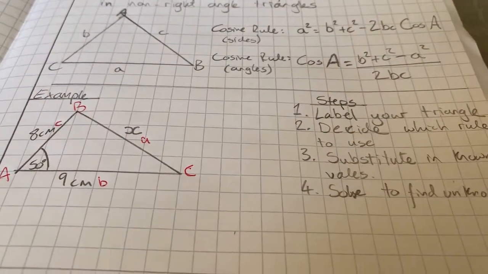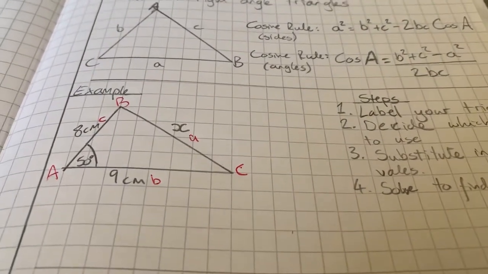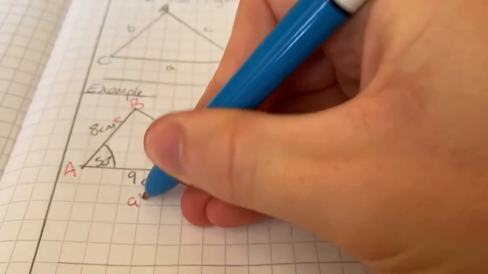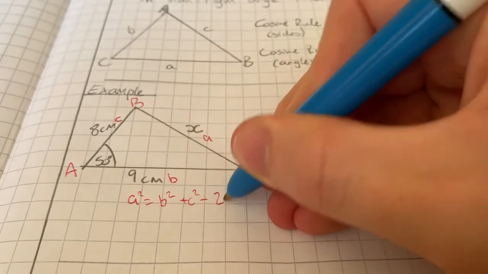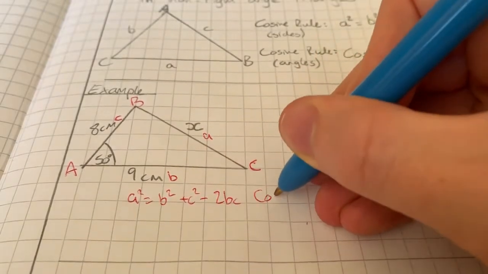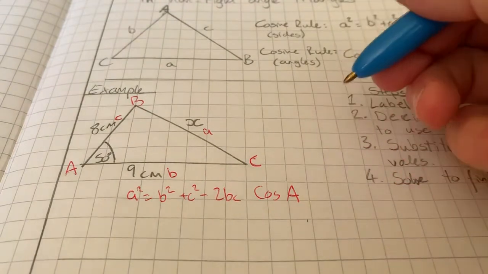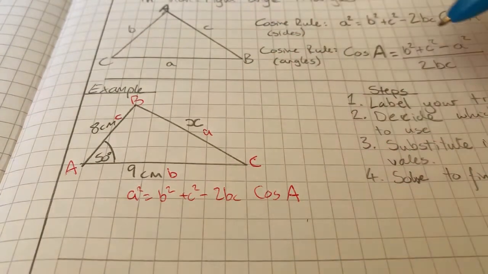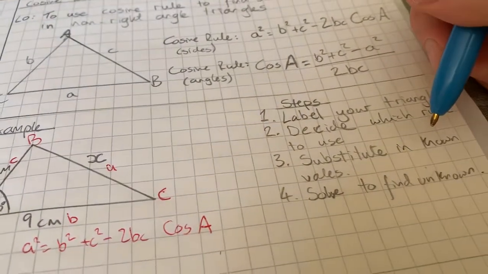So decide which formula you're using. For this case, it's the one above. So it's a squared equals b squared plus c squared minus 2bc cos A. I advise writing that each time you solve one right now, just so you memorize that formula. Then once you've done that, substitute in known values.